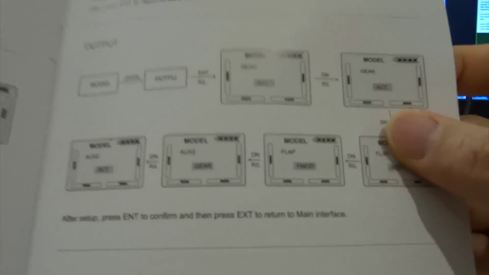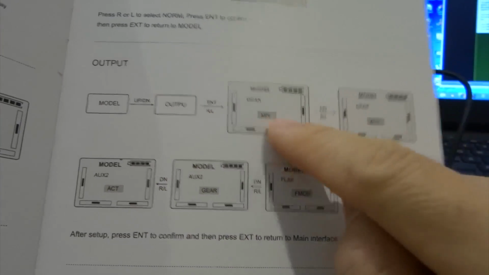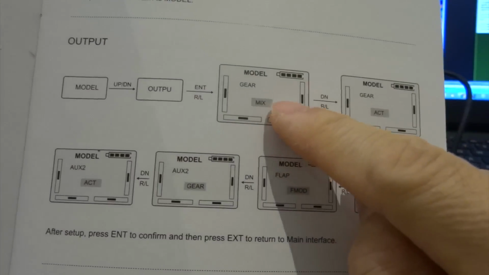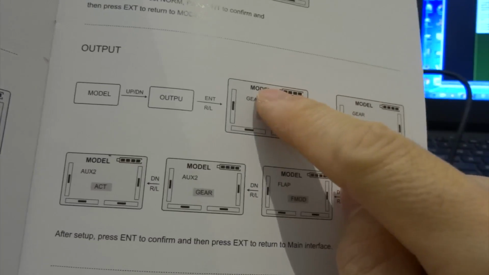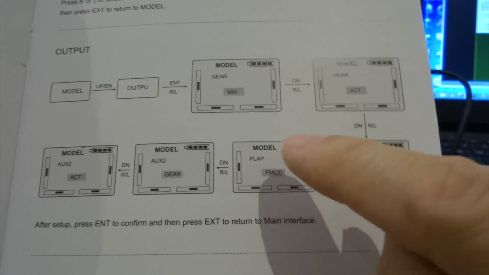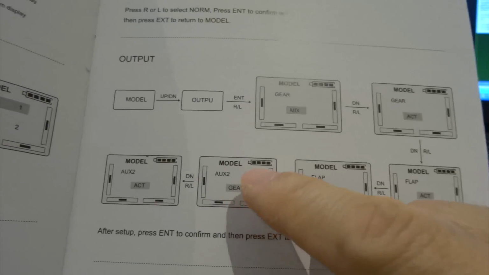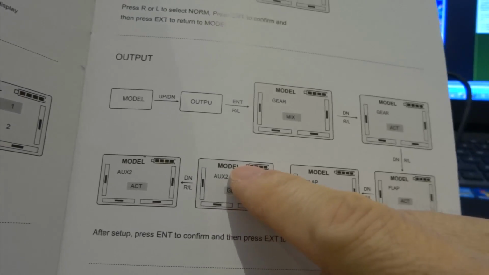So if I turn it to the output page, this is the page where they call output. This is where you assign the mix switch to the gear channel, the F mode switch to the flap channel, and the gear switch is set to the auxiliary 2 channel.